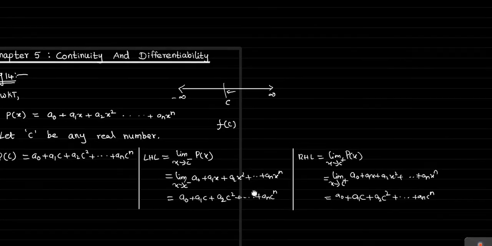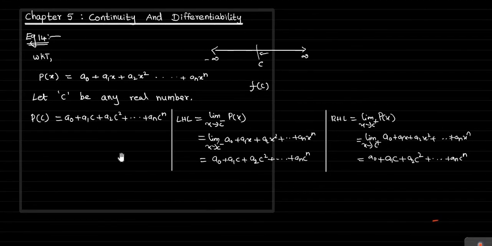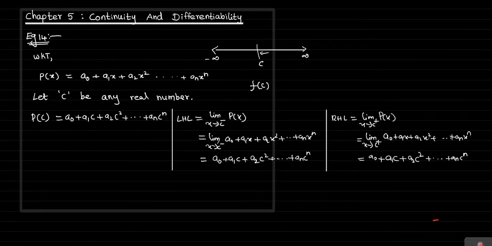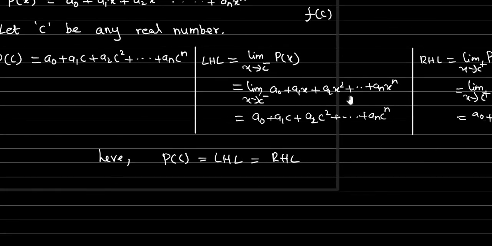Now if you notice here, the value of P of c, the left hand limit and the right hand limit, all values coincide. So what can we say? P of c, the left hand limit and the right hand limit are exactly the same. What is the reason?